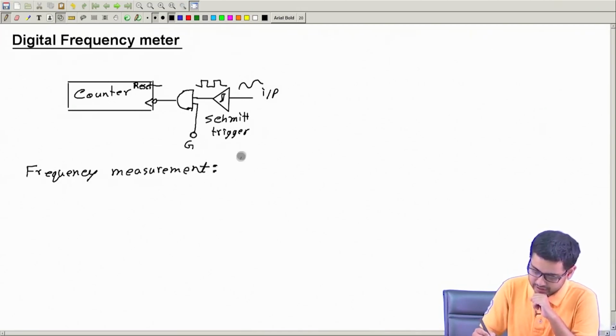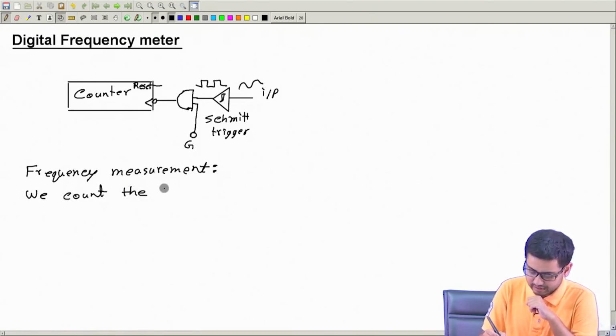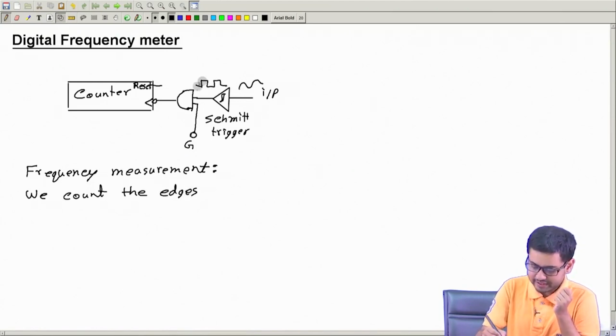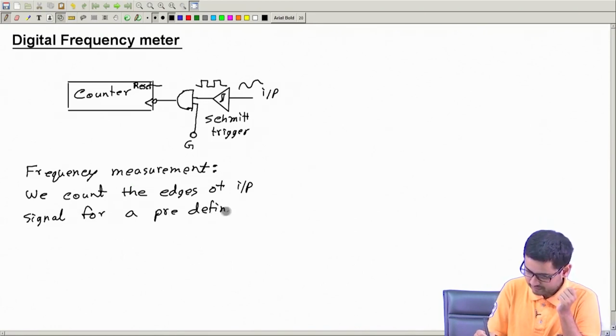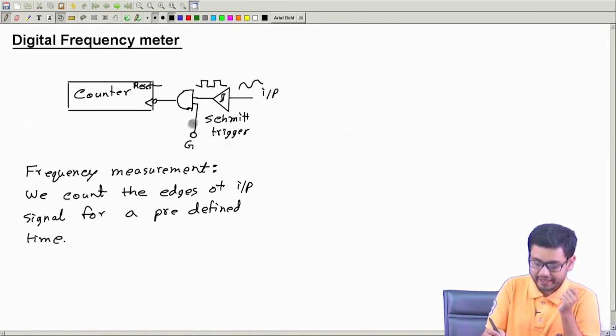Okay, where we count the edges of the input signal for a predefined time. And that predefined time is controlled by this gate signal. Okay.